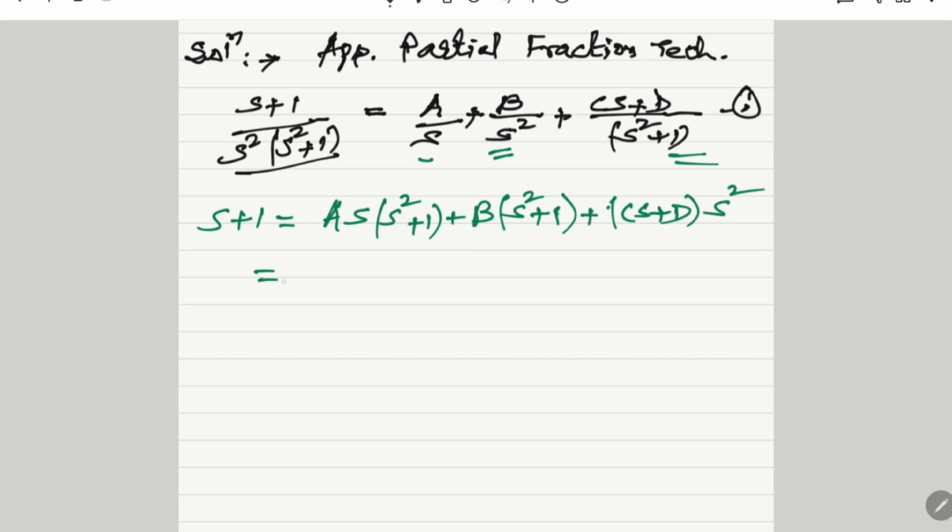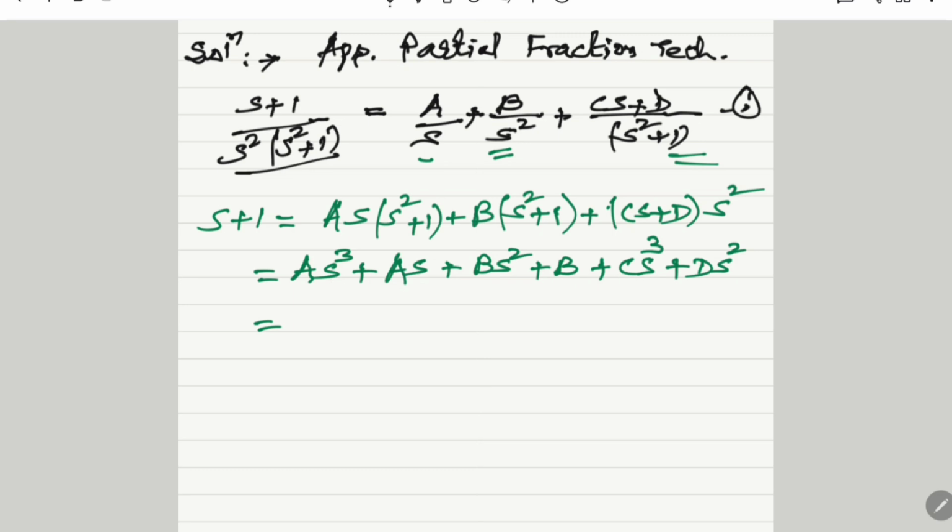Then simplifying it, we get a into s cube plus as plus bs square plus b plus cs cube and plus ds square. Further simplification is collecting similar terms in one bracket.